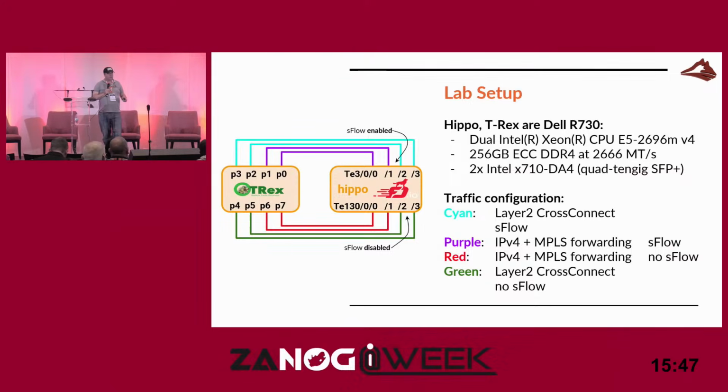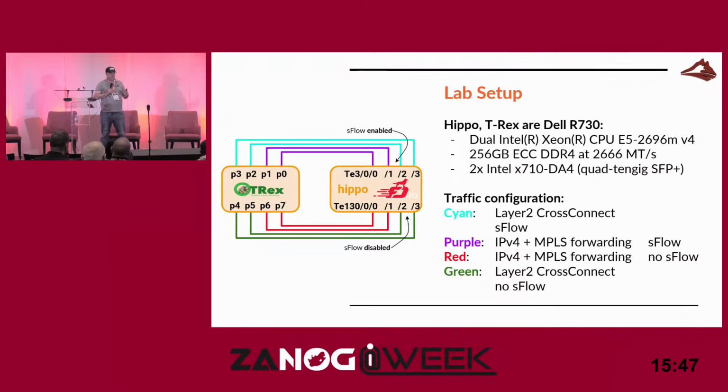So I'll build 4 circuits, and for those that don't see the color, the top one here in cyan is a layer 2 cross-connect. So this means every packet I see on this one port, just copy it blindly to this other port in a cross-connected fashion, right, in both directions. And then the purple one is an IPv4 and MPLS forwarding. And then down below, the same, but without sFlow turned on.